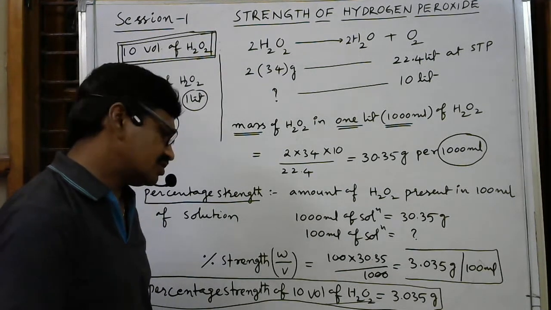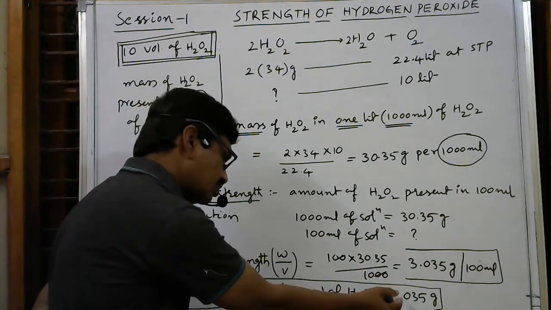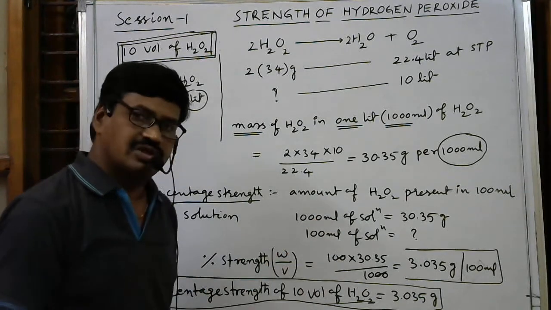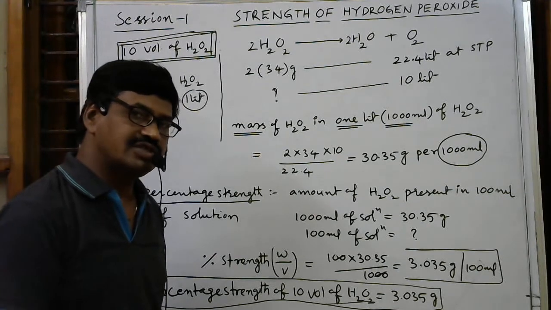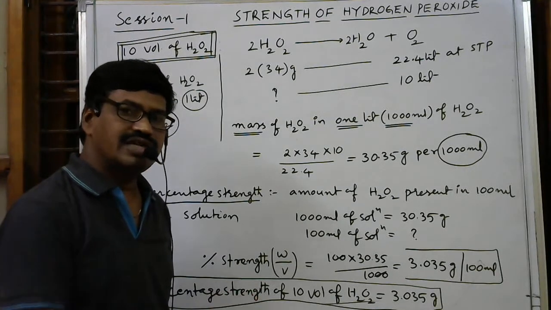For 30 volumes, 30 into 3.035 by 10, which is 3.035 into 3, approximately 9. 40 means into 4. 100 means into 10.